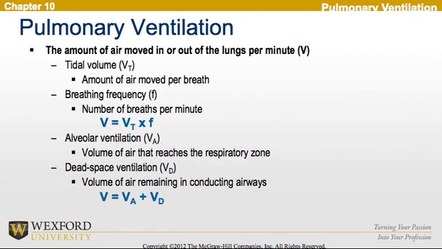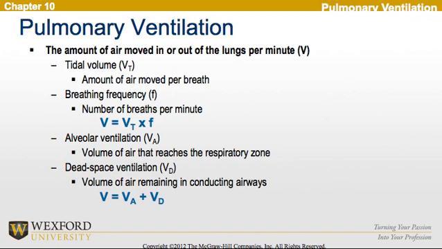Now, if we look at pulmonary ventilation, we see that the amount of air moved in or out of the lungs per minute is the volume. We have a tidal volume, which is the amount of air moved per breath. We have a breathing frequency, which is the number of breaths per minute. We have an alveolar ventilation, which is the volume of air that reaches the respiratory zone.